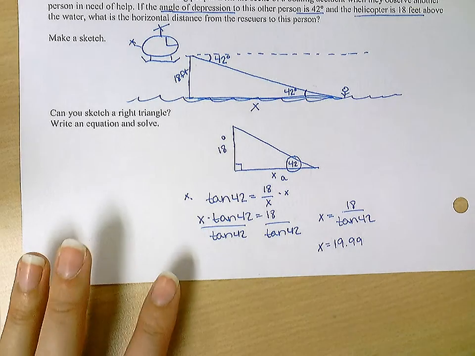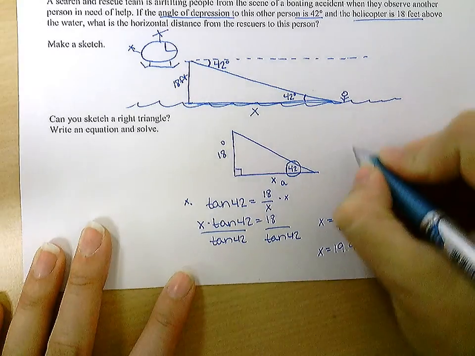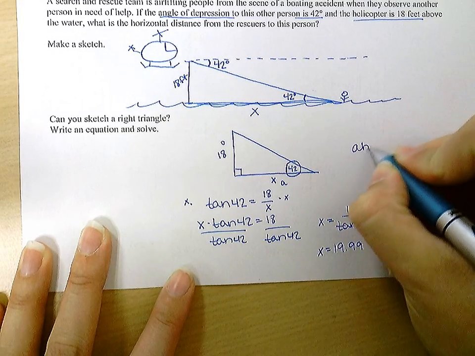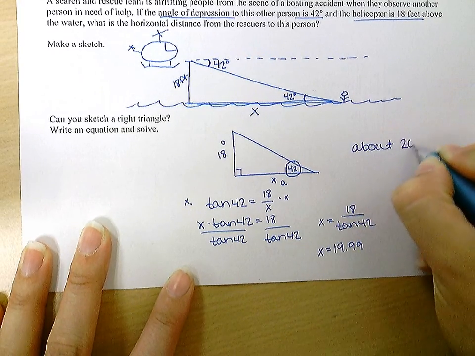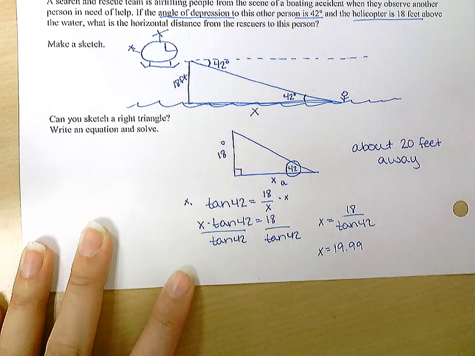Okay, so I got x to be 19.99, so I can say that's about 20. Okay, so that person is about 20 feet away.